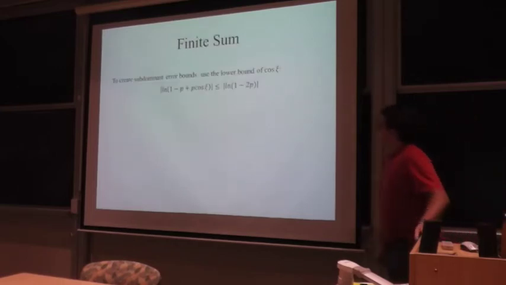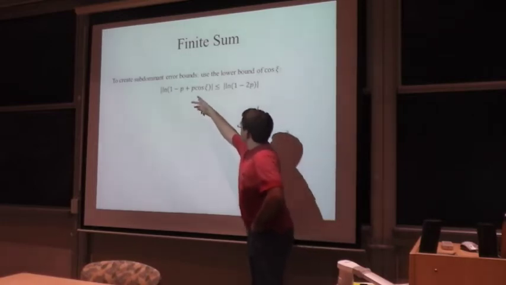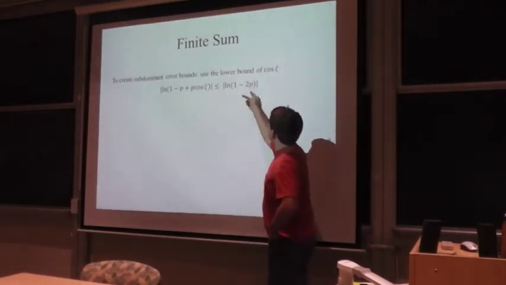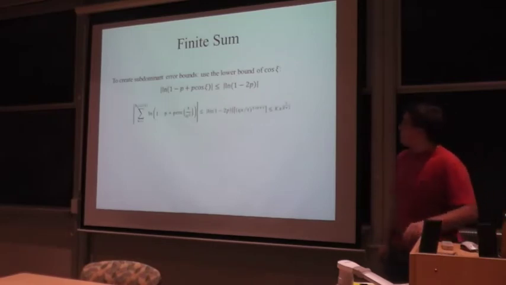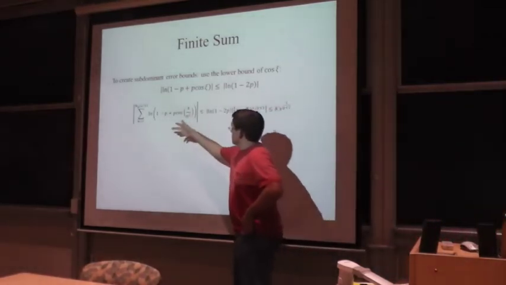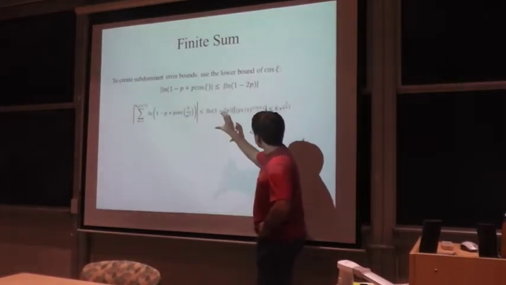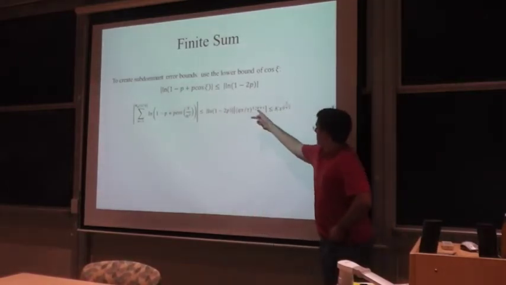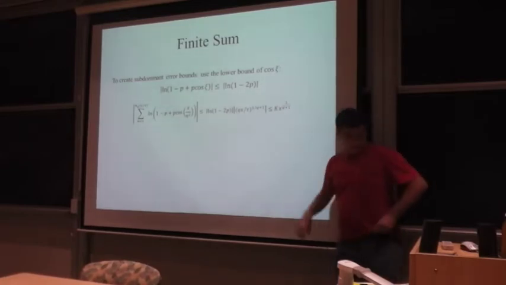For a finite sum, we just take the lower bound of cosine, which is -1. So then this must be less than or equal to that. And from that, we just have a sum over a constant term. You multiply the inside by what you're summing over. And this has a power which is less than or equal to, for some k, x 1 over q plus 1, which is again our error term that we want.